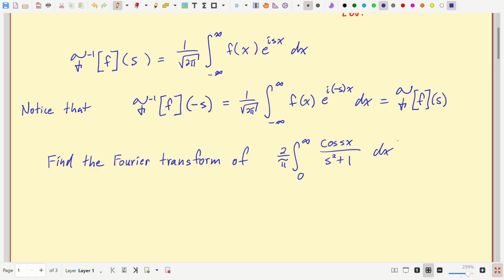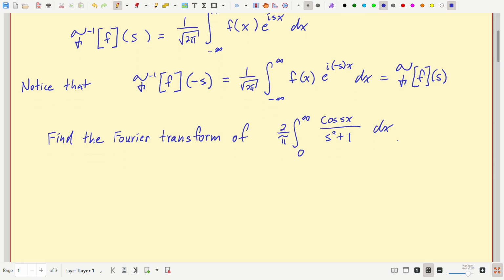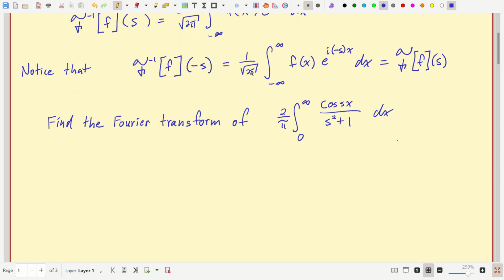I think that's it. Well, notice that both functions in that integrand are even. Cosine is even, and s squared plus 1 is even. And so this is equal to an integral from minus infinity to infinity of cosine sx over s squared plus 1. Now that's looking like a cosine transform.